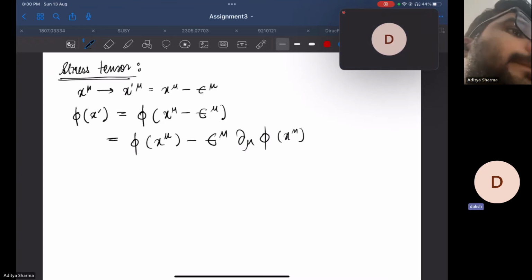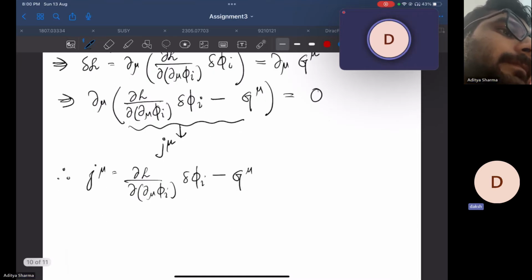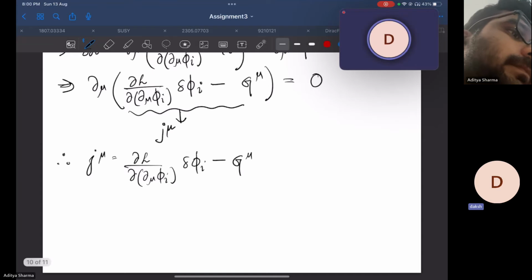Why do you want this to be conserved? Last time we wanted this Lagrangian to be conserved, right?